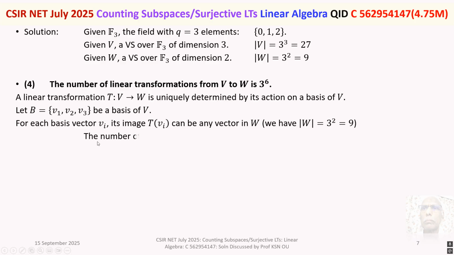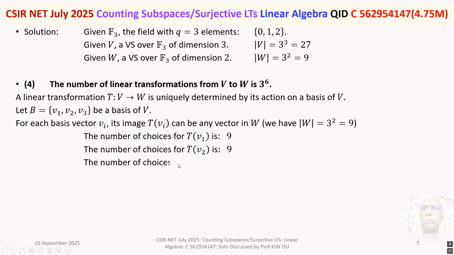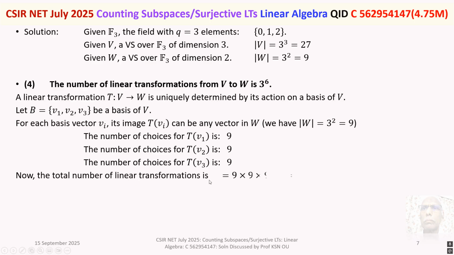So the number of choices for T of V1 is 9. The number of choices for T of V2 is 9. No conditions are there. So the number of choices for T of V3 is 9. Therefore, the total number of linear transformations will be, by product rule, 9 into 9 into 9.